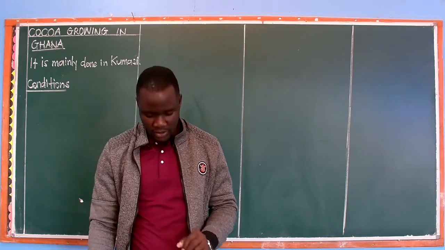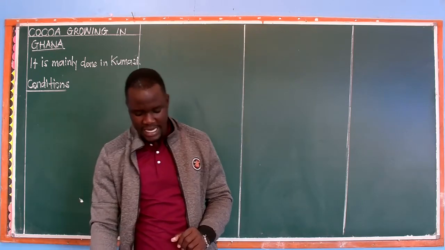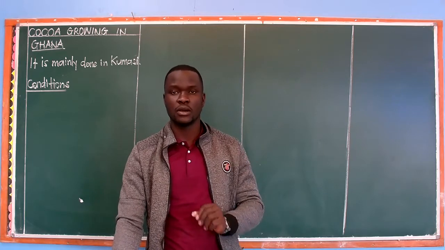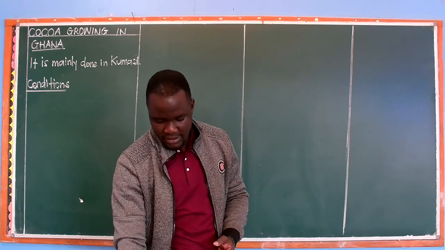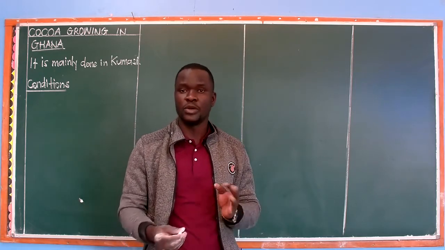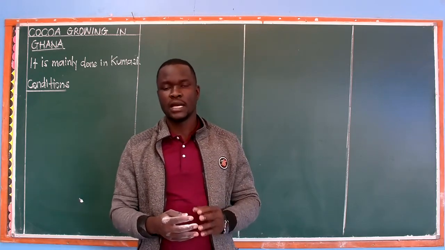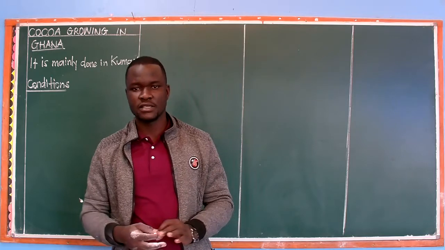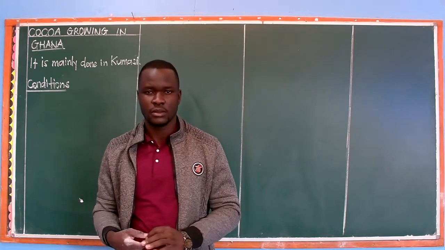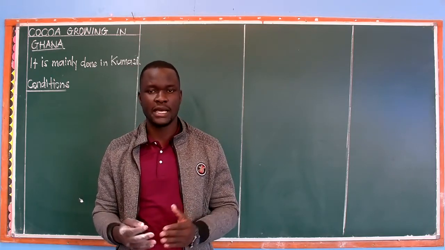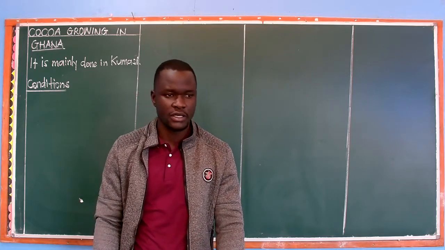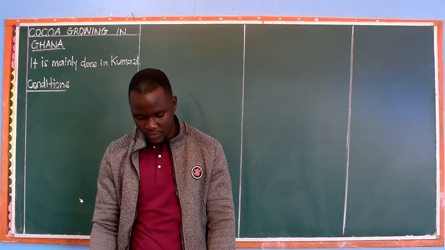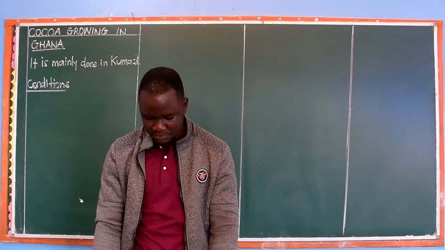The area also requires high humidity, and it requires what we call timely pruning. Remember this, with the pruning, we look at removing excess branches from the plant. This is aimed at allowing the plant to receive enough sunshine for it to be able to make its own food, as we learn in science.